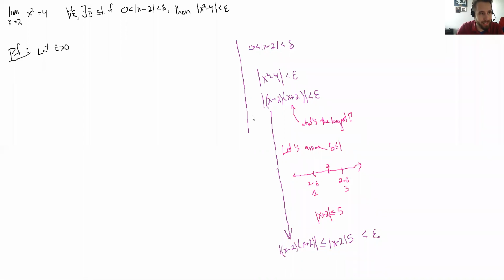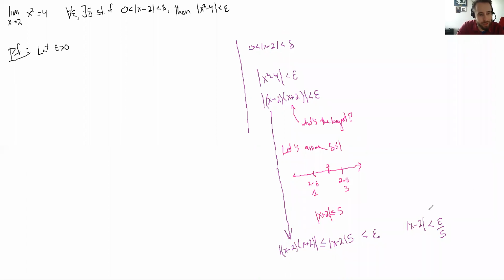So ultimately, I can now make a choice to say that I want to make sure that |x minus 2| is less than epsilon over 5, because if that is true, then this is true, which means that this quantity is actually less than epsilon as well. All right, so I have two things that I'm trying to pick, right?